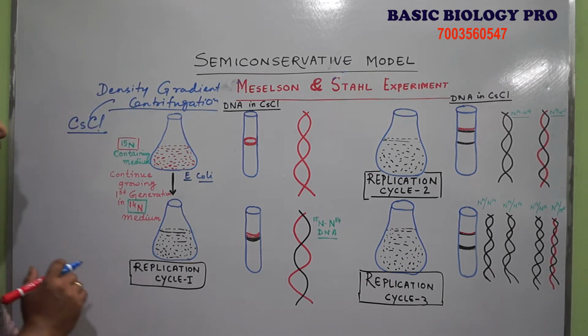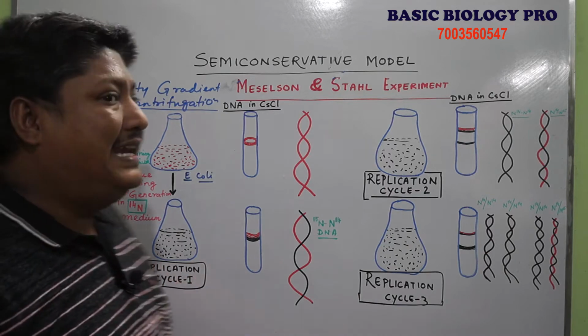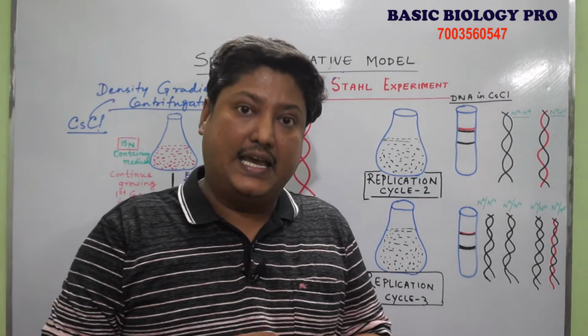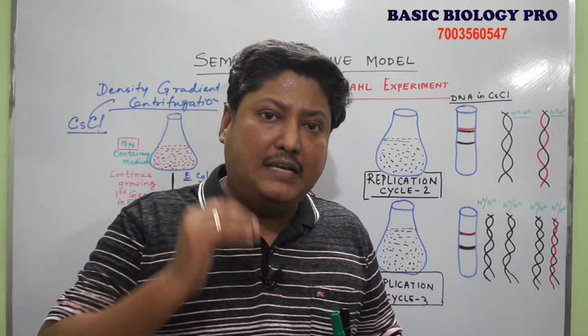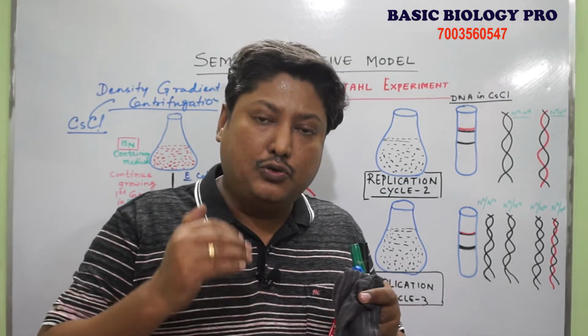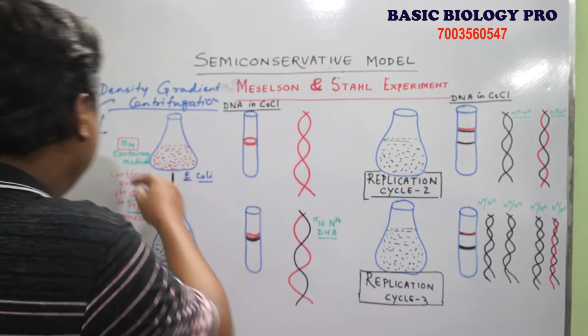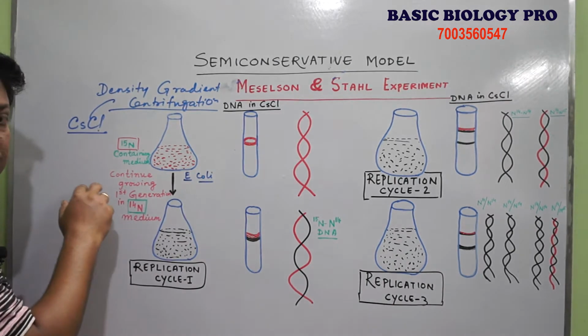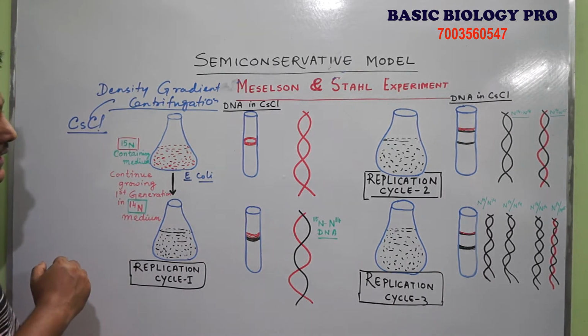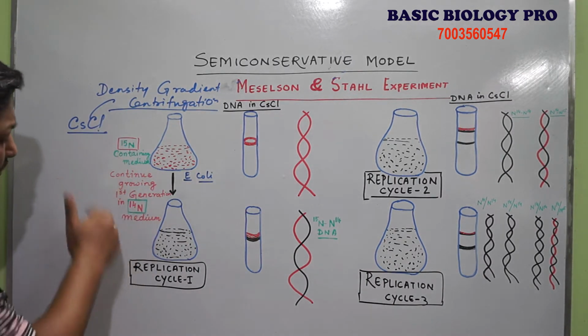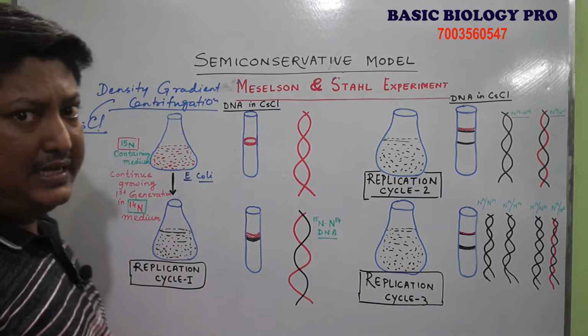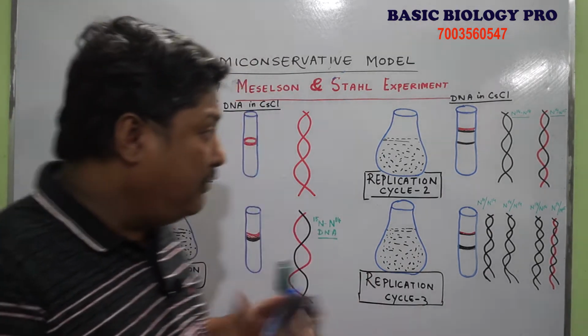This cesium chloride is used to produce a linear concentration gradient to explain the banding pattern, as well as to differentiate the 15N DNA from the 14N DNA. Now how is it possible?